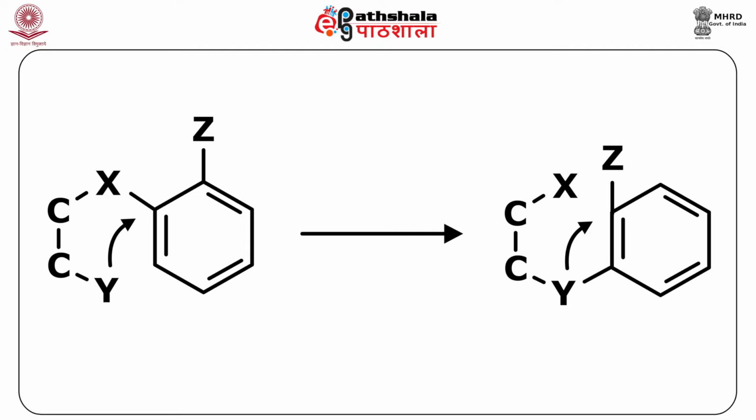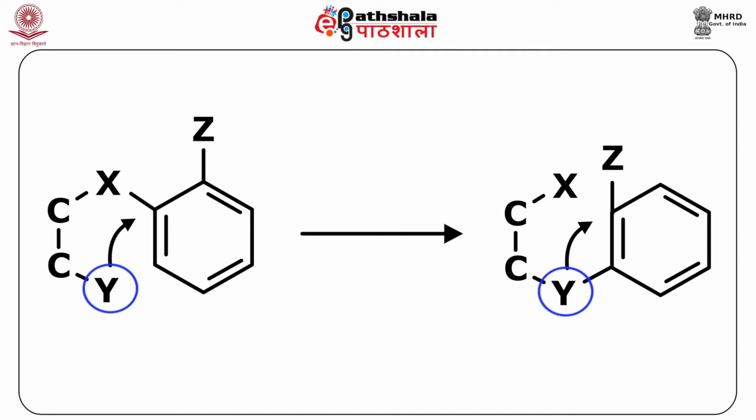Now students, this you can clearly see in this reaction that this carbon is attached to another heteroatom. That is how this rearrangement takes place. Here X can be a sulfone, a sulfide, an ether or any substituent which can dislodge from the arene with a negative charge.